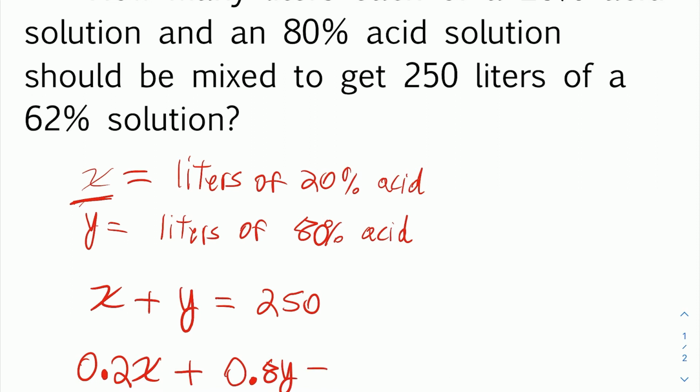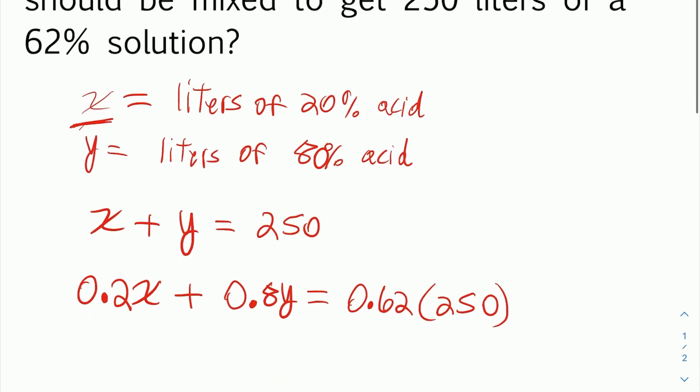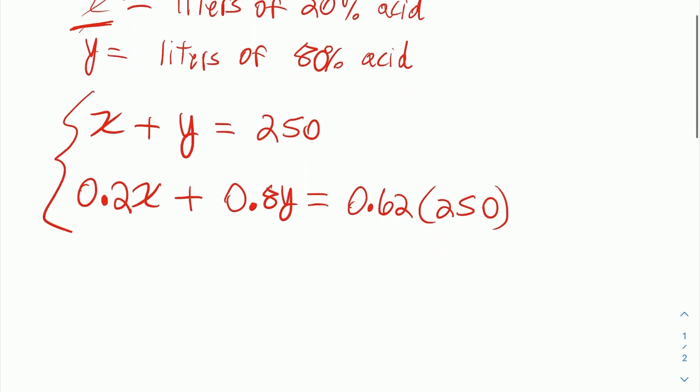When we mix those together, we should get the amount of the 250 liters that is pure. Well, we know that the amount that is pure is 62%, which is 0.62, of the 250 liters. So we have our two equations.